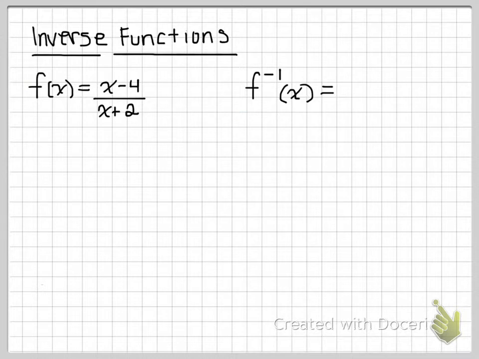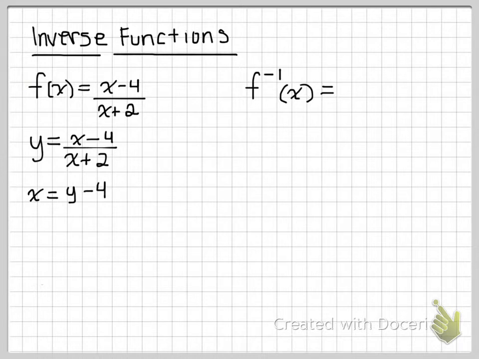It's a simple procedure that you may have seen before if you've taken Algebra 2, and it begins by substituting a y for f of x and then switching the x and the y. In this case, there's more than one x, and both of them I will change to y.